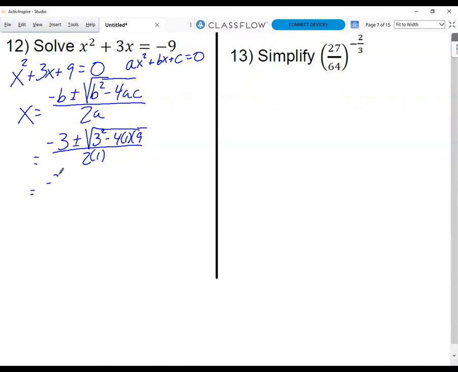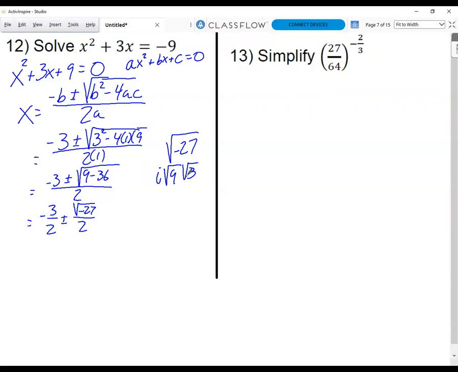And this becomes negative 3 plus or minus the square root of 9 minus 36 over 2. At this point, I'm going to split up my 2. So I have negative 3 over 2 plus or minus the square root of negative 27 over 2. Square root of negative 27 is going to become i times root 9 times root 3.